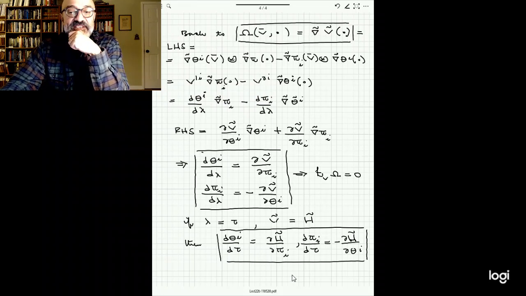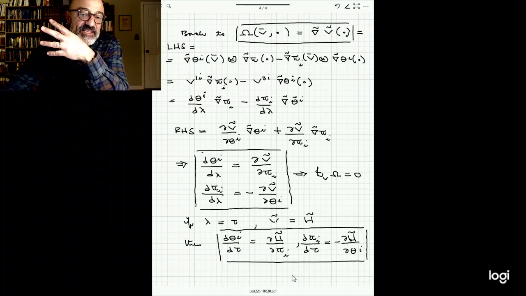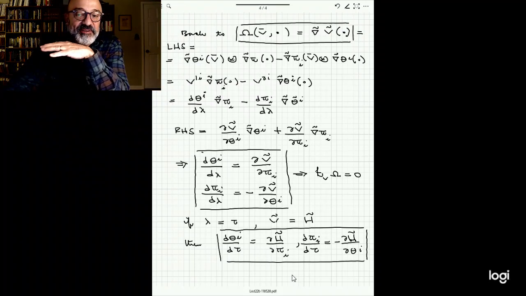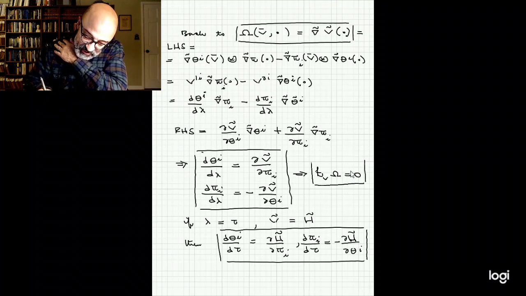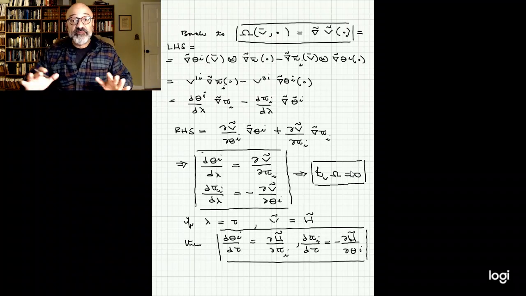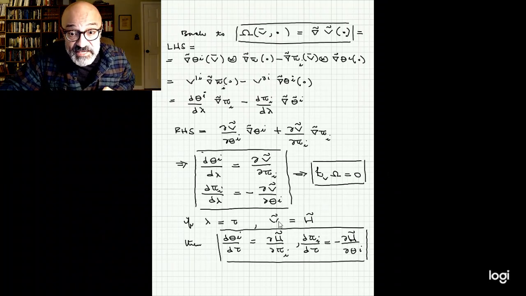The equations of classical mechanics are what they are basically because you are preserving a symplectic structure in some phase space, some cotangent bundle. It's completely generic. We're going to use this to do quantum mechanics, okay?